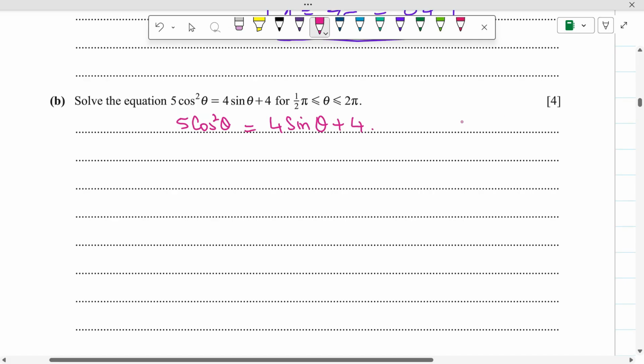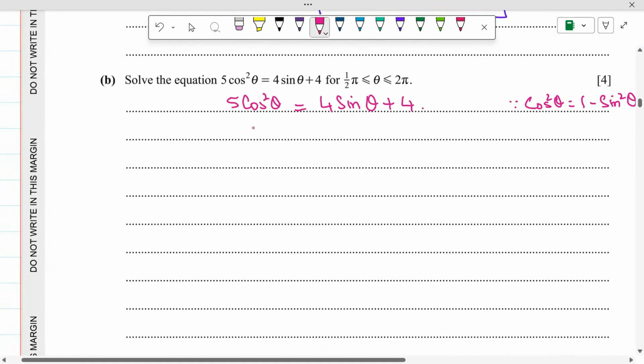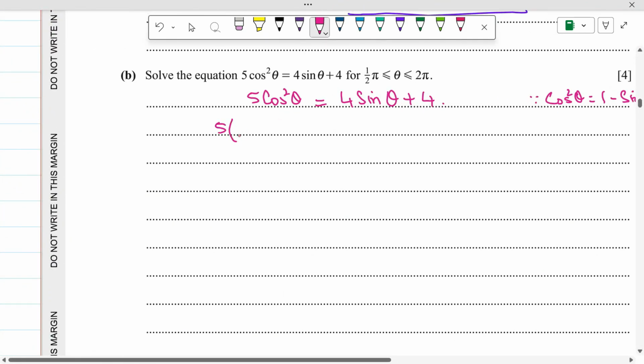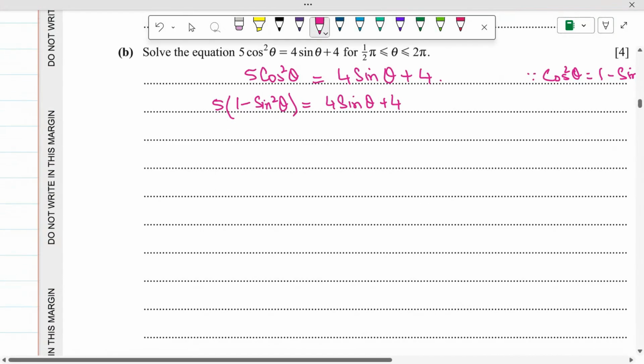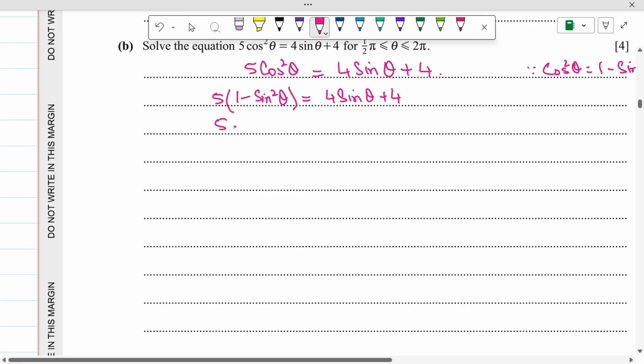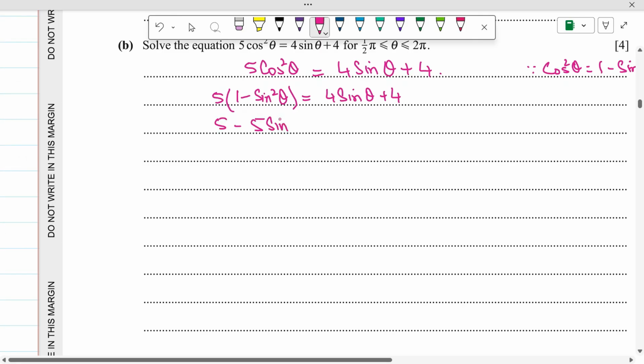And we know that cos square theta is equal to 1 minus sin square theta. So we can write it as 5 times 1 minus sine square theta is equal to 4 sine of theta plus 4, and this is 5 minus 5 times sine square theta is equal to 4 sine of theta plus 4.